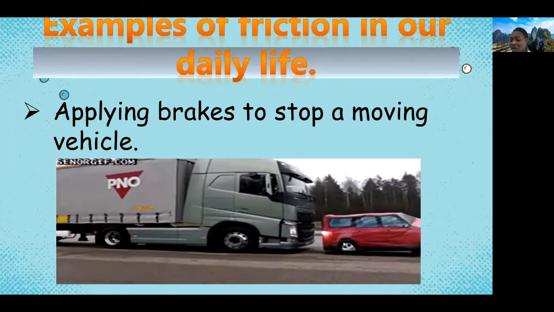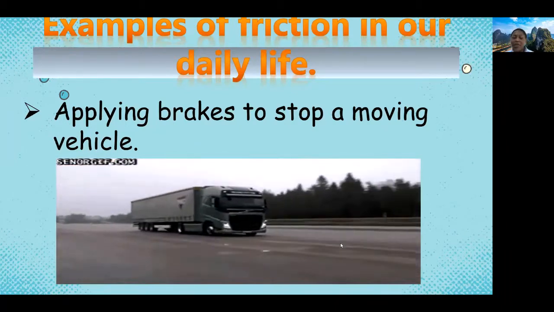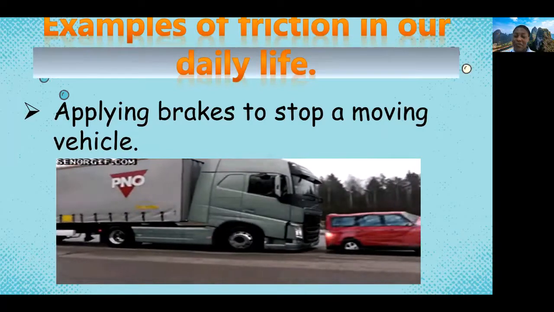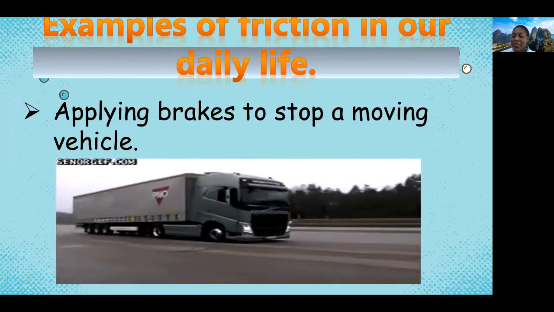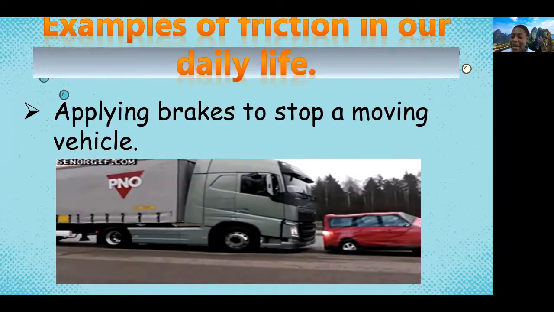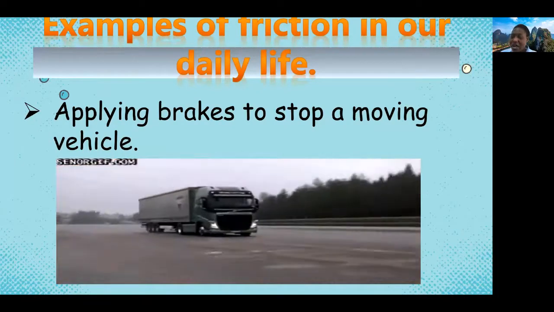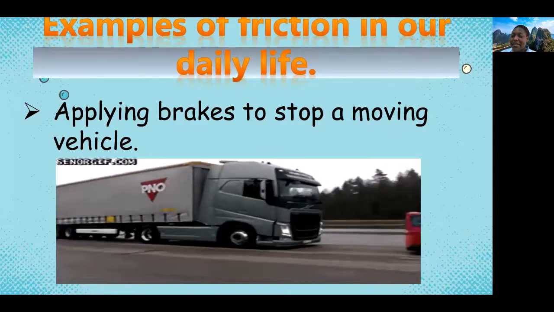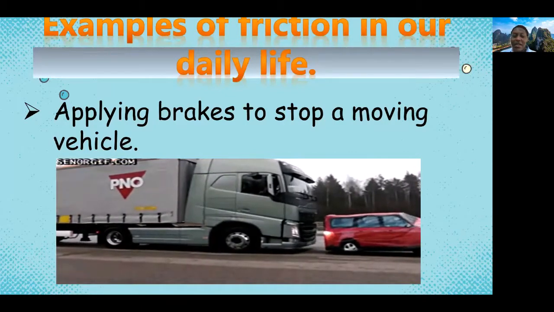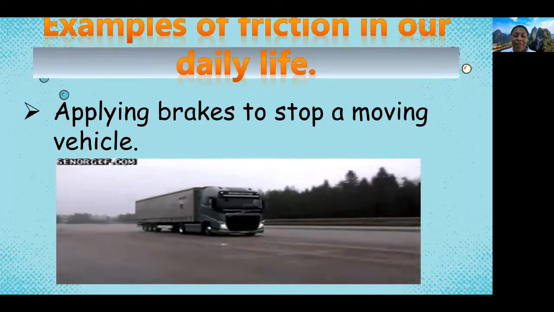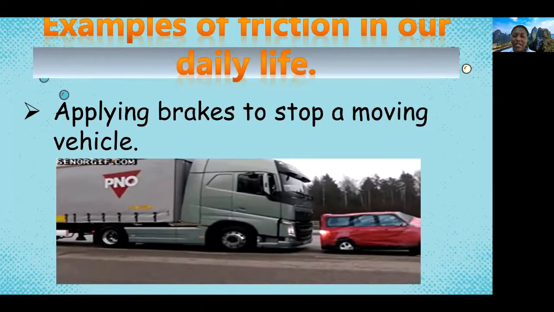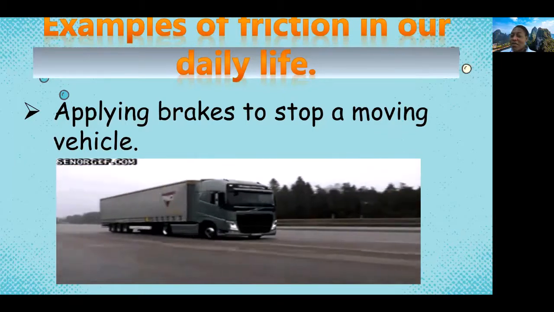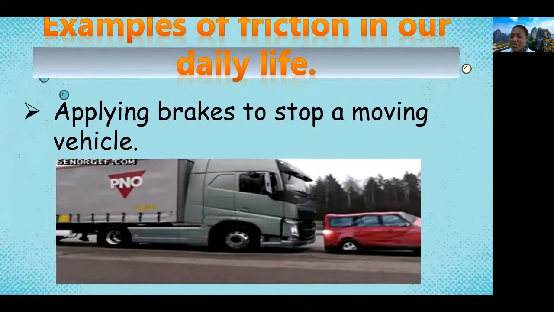But because there is friction, friction can help these two drivers apply brakes easily. So applying brakes to stop a moving vehicle is an example of where we can use friction in our daily lives.